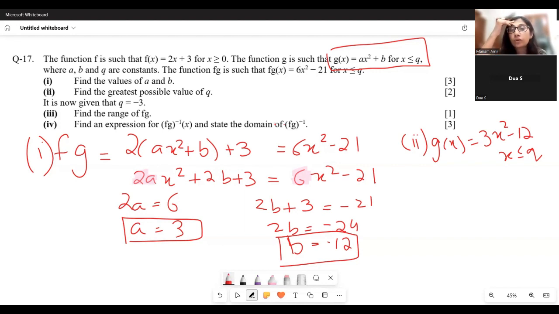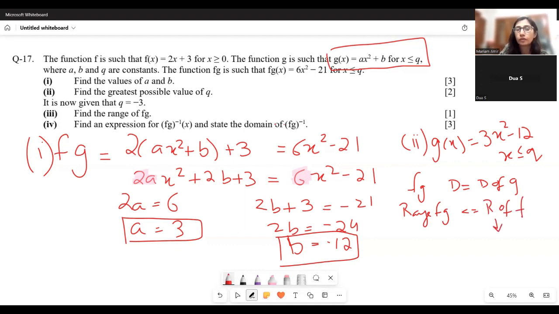Okay, so write down the greatest possible value of q. Q is the domain of g(x) and also the domain of fg. The domain of fg is equal to the domain of g, and the range of fg lies within the range of f. And what is the range of f?